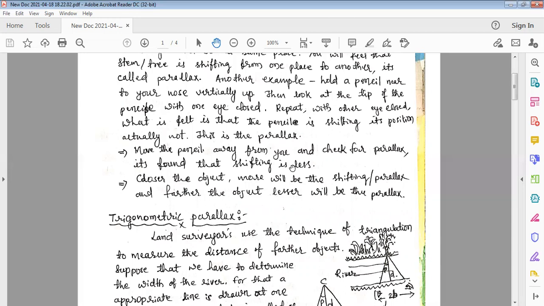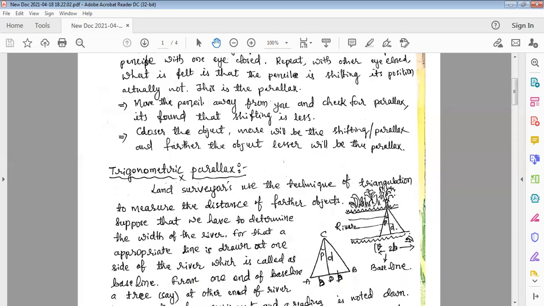It will be very less. Even at a certain distance from your nose, there will be no parallax at all. So this is what you observed. Therefore, the closer the object, the more will be the shifting or parallax phenomenon, and the farther the object, the lesser will be the parallax. So this is the outcome of this experiment.